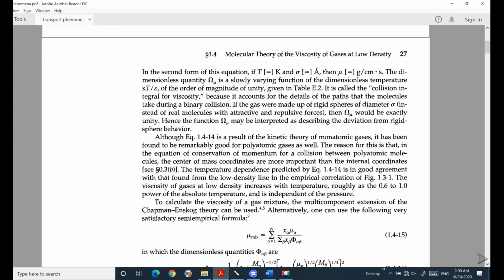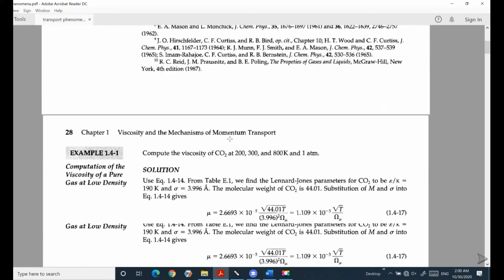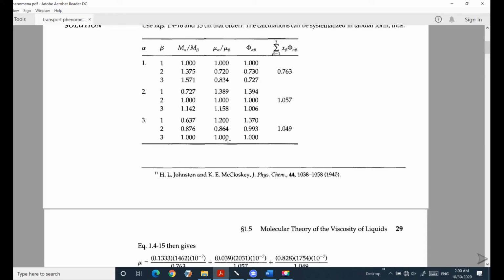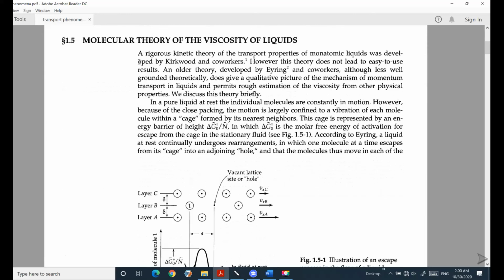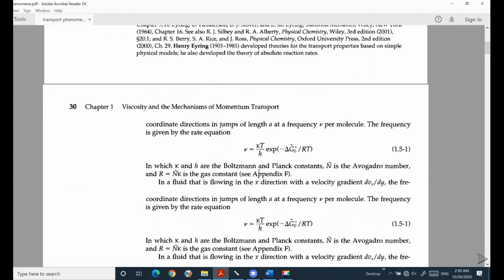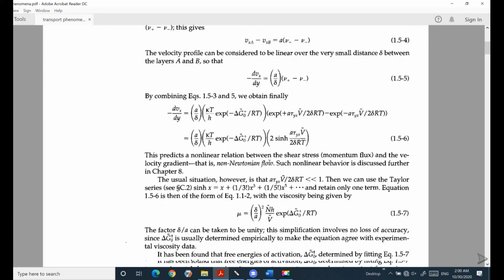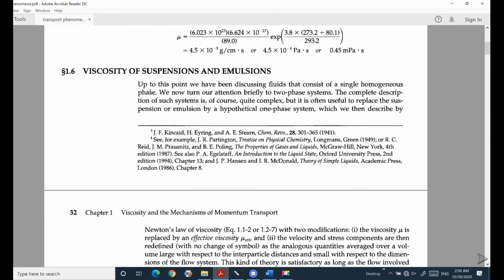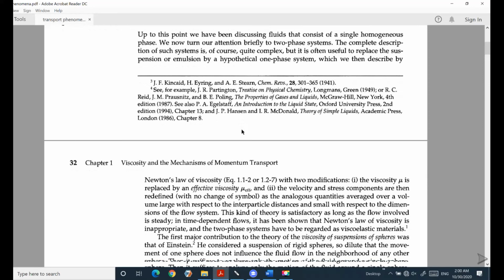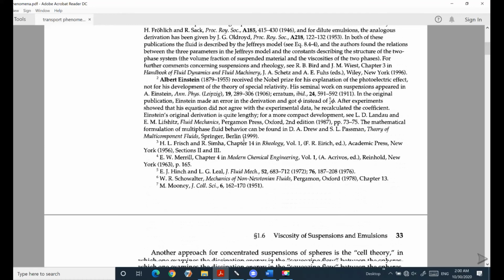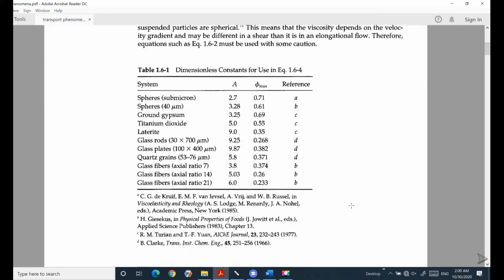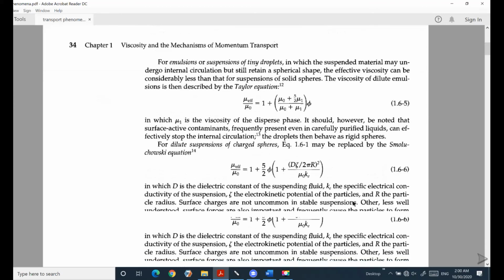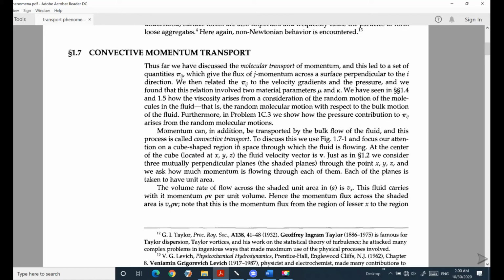Okay, you can go and read from chapter 1, and you can check all these equations and where they come from, and the molecular theory of the viscosity of liquids, like here, and viscosity of suspensions and emulsions, and so on. Another one is the convective momentum transport.